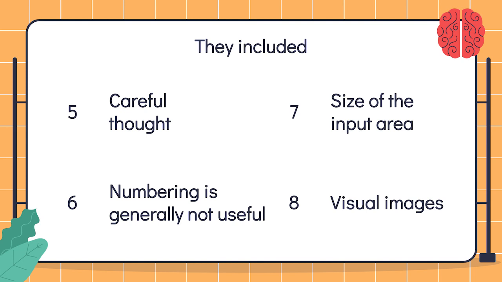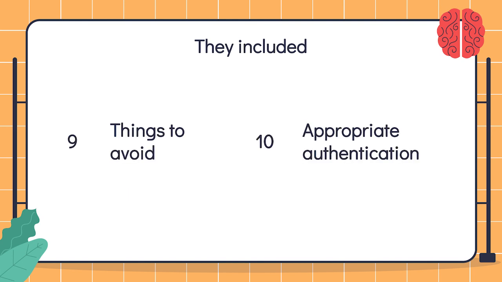Visual images can help to clarify questions but also can have unintended effects. 9. Things to avoid include document attachments, use of multiple URLs, HTML or graphics, special text formatting, and anything that looks like spam. 10. Appropriate authentication techniques should be used to ensure that only legitimate respondents participate and that each participates only once.